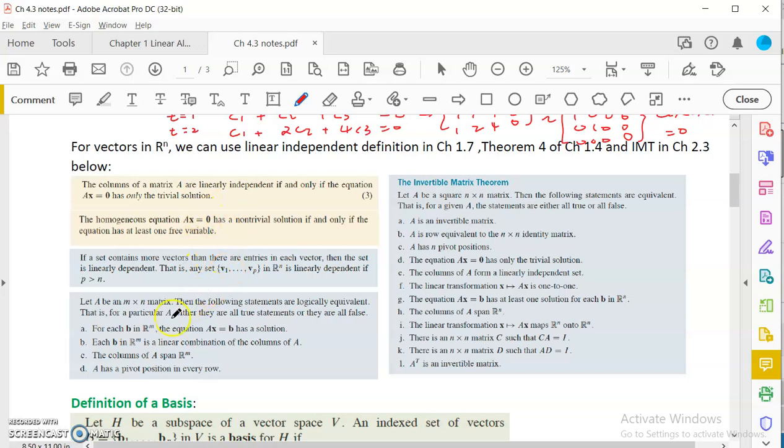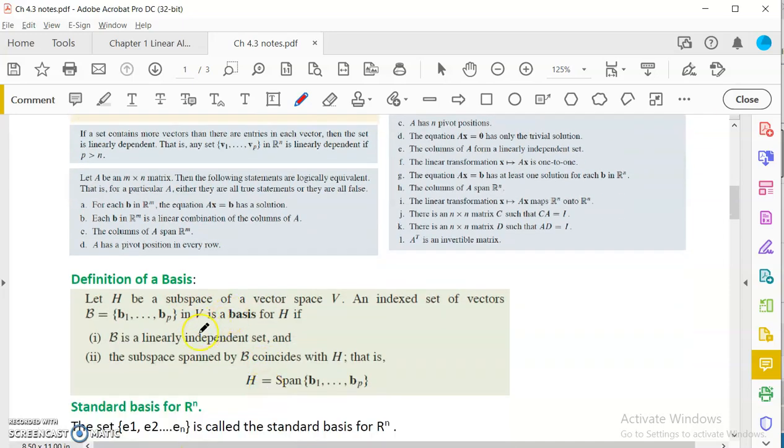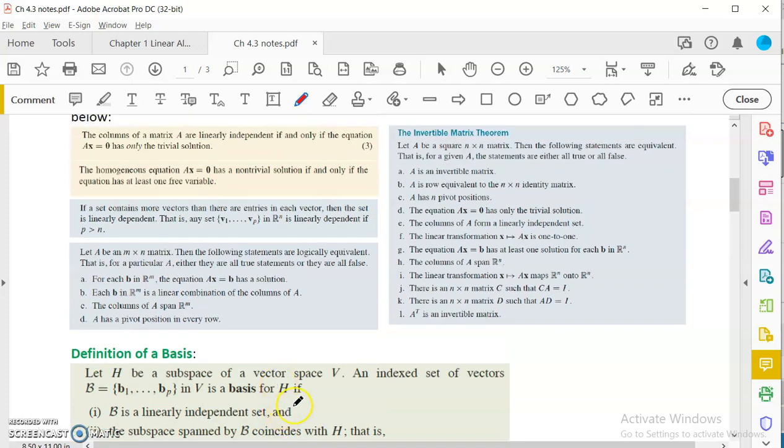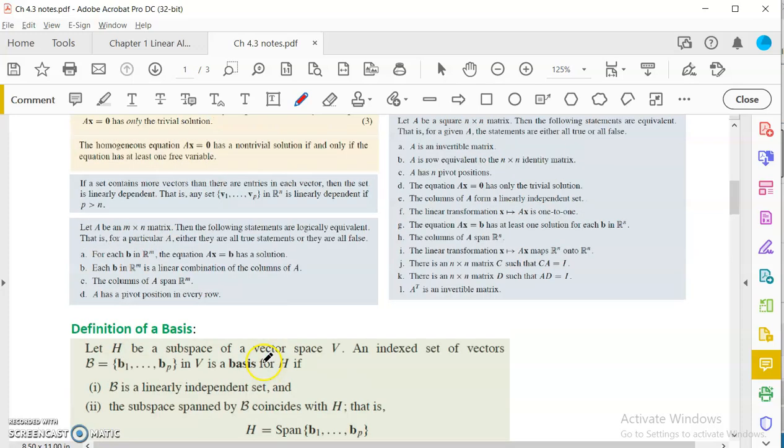And then for an M times N matrix, this is just a review of spanning, because we're going to define what a basis is. A basis requires the set to be linearly independent as well as span Rn, or whatever space you want. For spanning Rn, you want to make sure that there's a pivot position in every row.